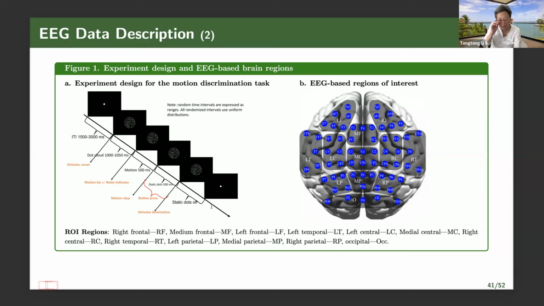So what we did was we defined 12 EEG-based regions of interest by grouping the EEG electrodes. We have 64 channels here. So we group the electrodes together, and we average the values of the time series, and we get the ROIs to consider.